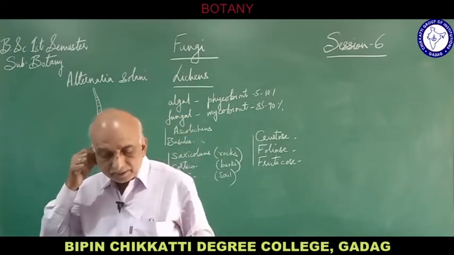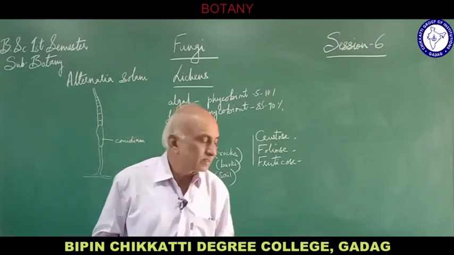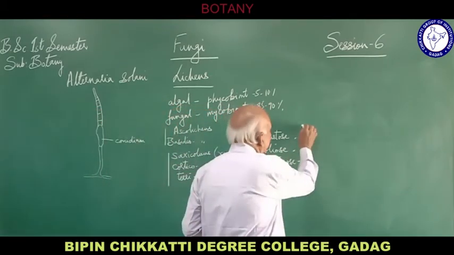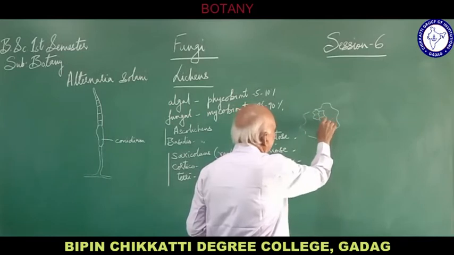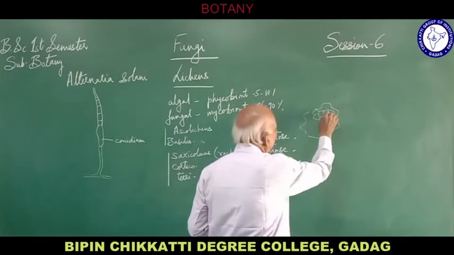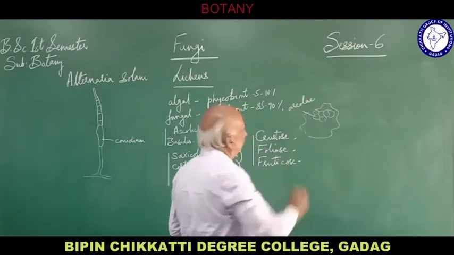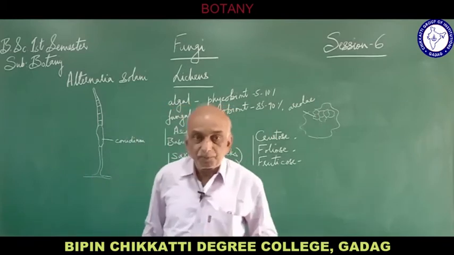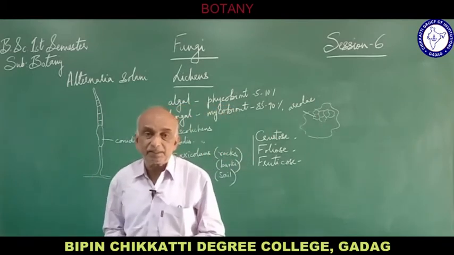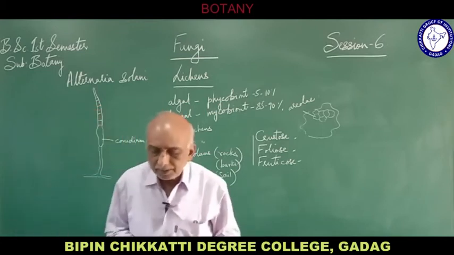In crustose lichens, the surface is usually divided into more or less hexagonal areas. Suppose this is the surface of the lichen; it has almost hexagonal areas, and these are called areolae. That is how crustose lichens are characterized by their morphological appearance, the external features which we can identify.